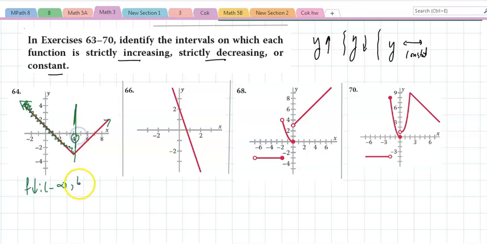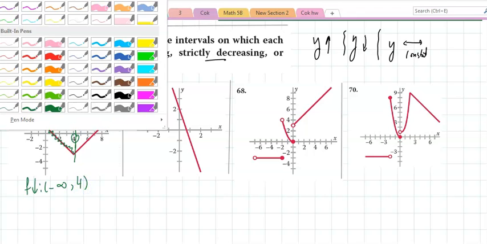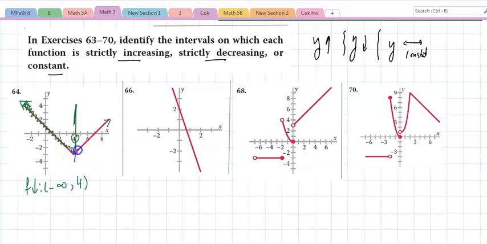Isn't that value 4? And then what happened from 4 and on? Do you see from 4 and on, you start moving up? We say there f is increasing. From where? From this x equals 4 to x equals, how far to the right is this going to run? Isn't this going to run all the way to infinity?